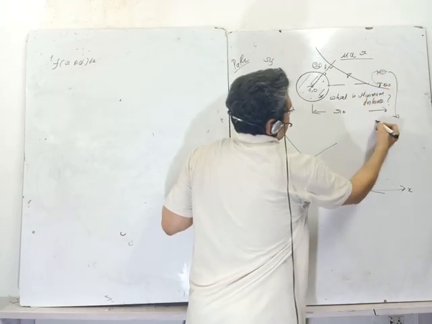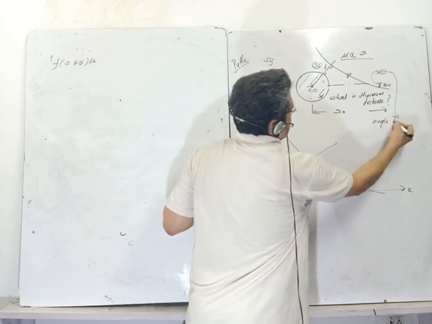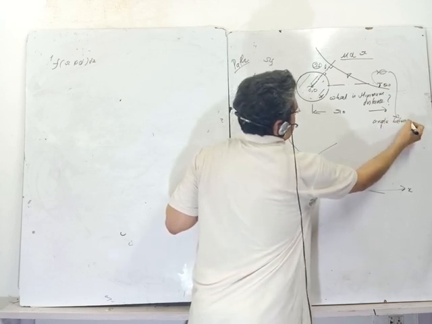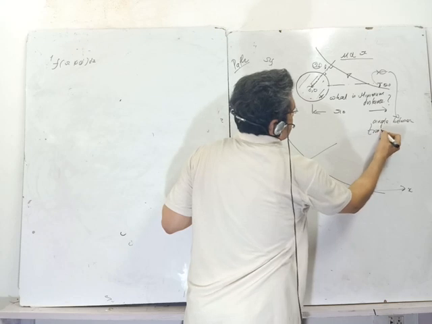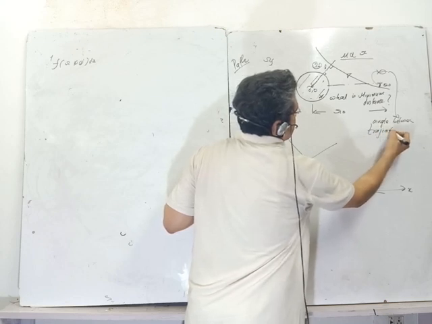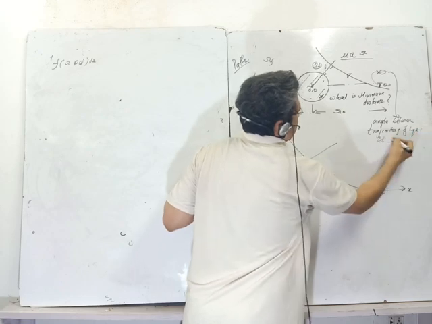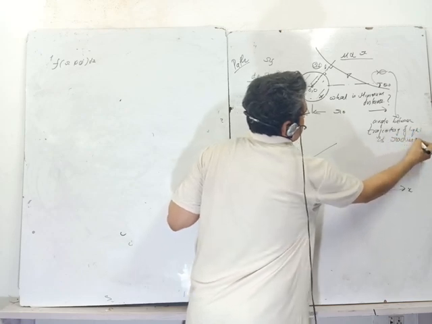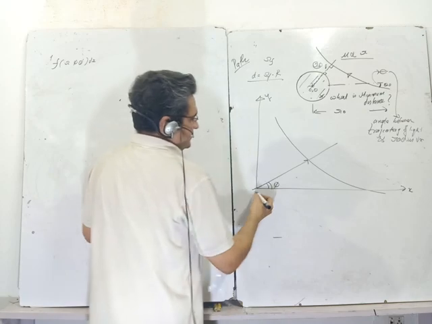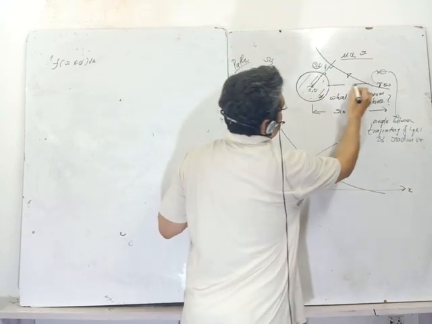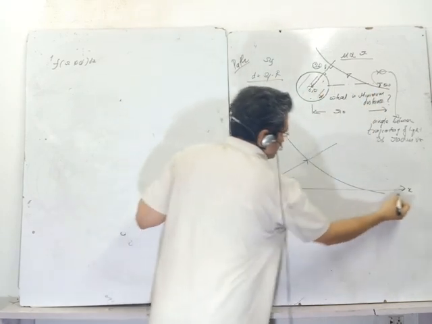Theta will be the angle between the trajectory of light and the radius vector, and phi is the angle between this initial reference point which I have taken, which is the x-axis.